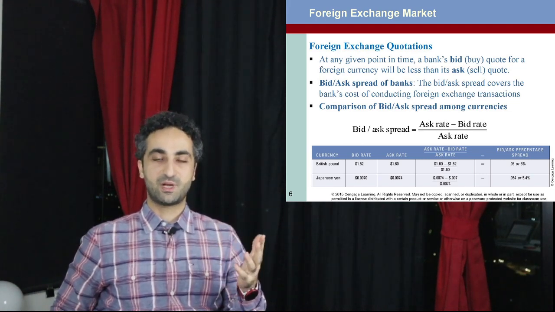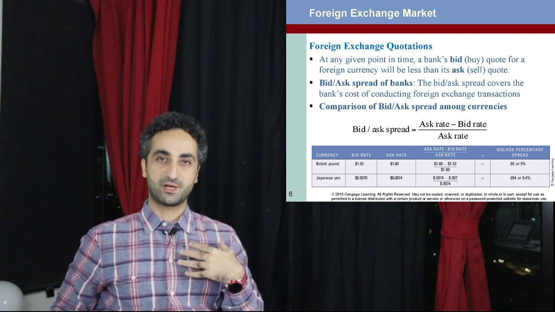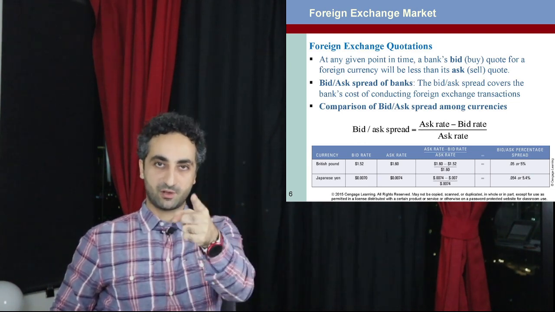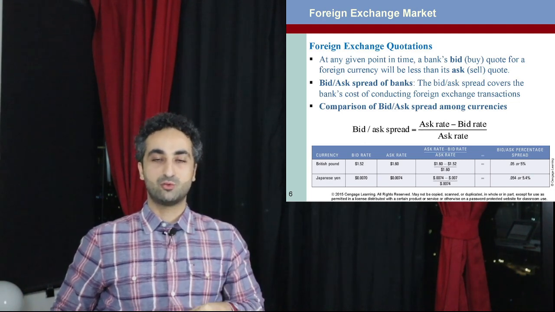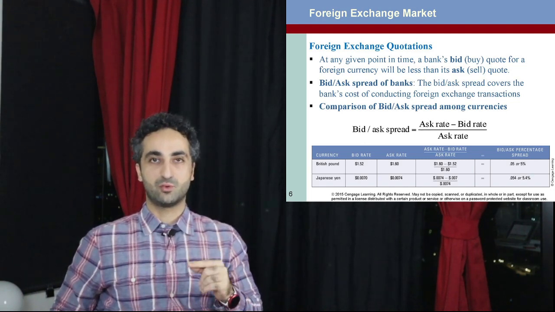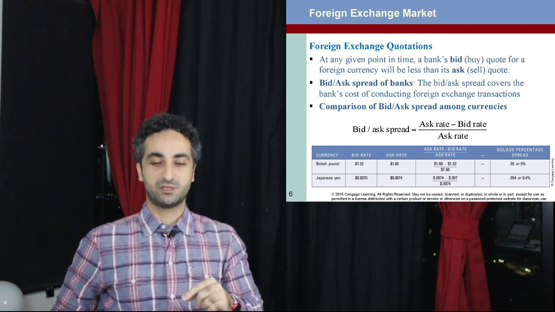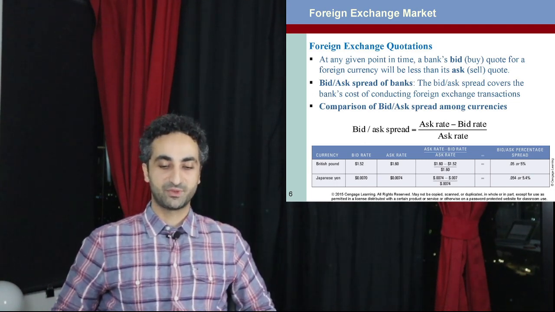For the British pound, our bid rate to buy British pounds from you, I'm going to pay you $1.52 per 1 unit of British pound.